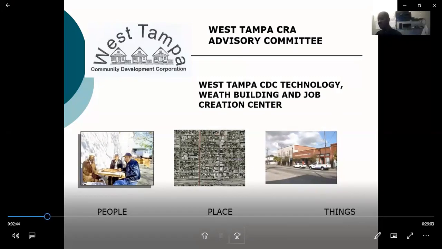We found that there are some critical concerns that the community has. One is public safety. The other is gentrification. The other is a lack of wealth, individual wealth. The other is technology.